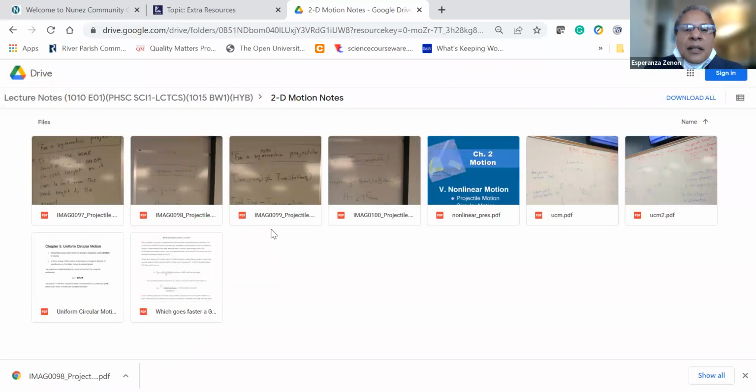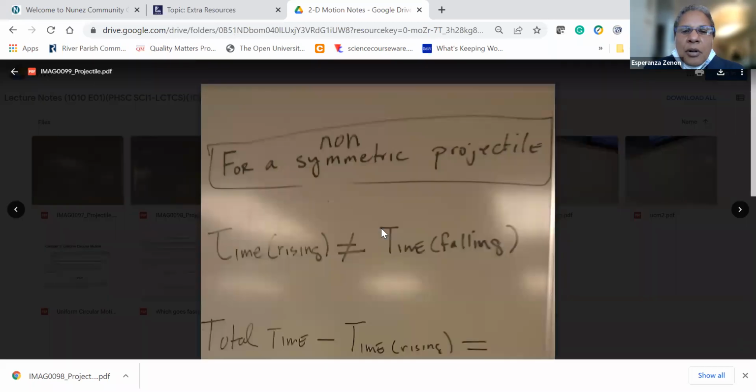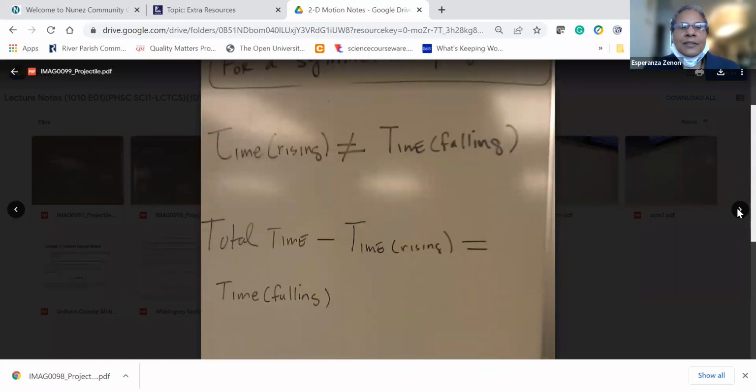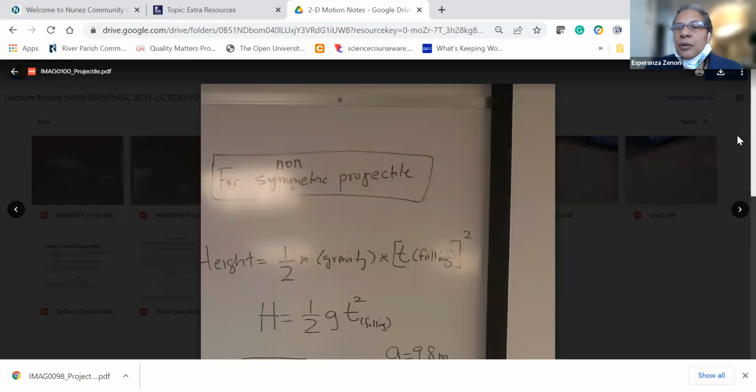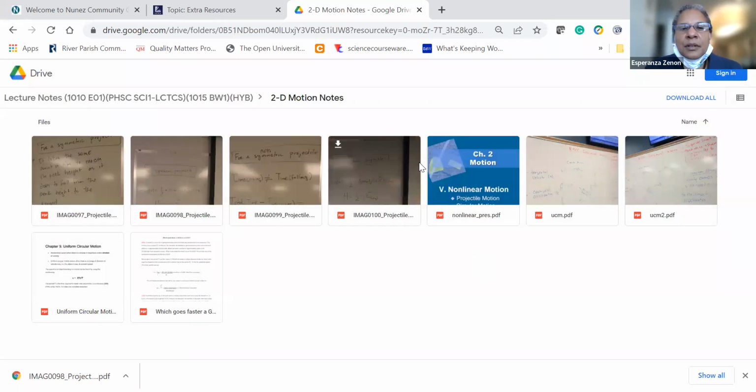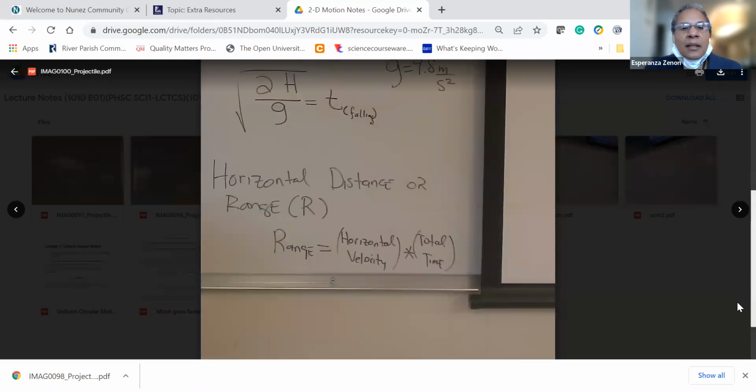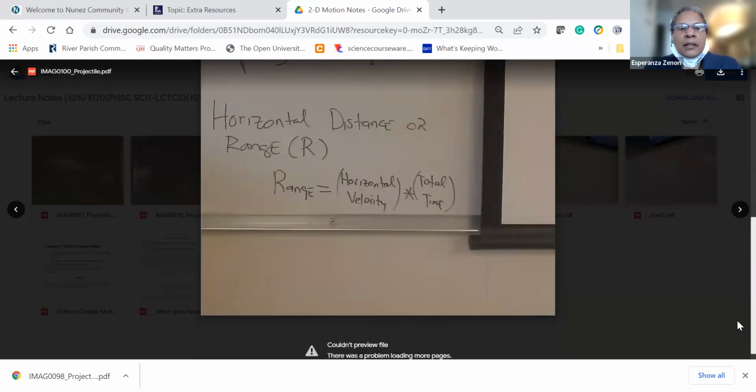The other type of projectile that you will come across is called a non-symmetric projectile. Well, if it's non-symmetric, what we need to know is that it's not going to take the same amount of time to rise and fall, and it's not going to be even on both sides. And so, again, the calculation that I would expect you to understand is the one here that deals with the horizontal range.